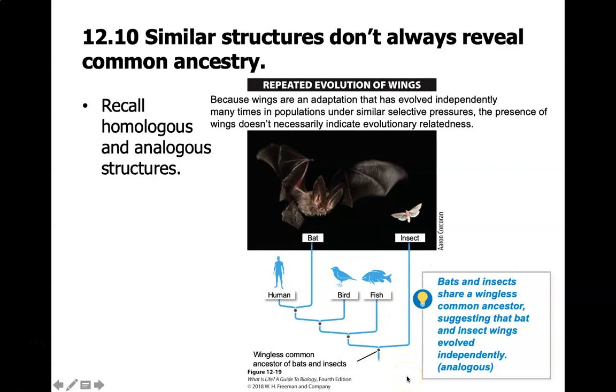They evolved because of specific environmental pressures and occurred way after the split from common ancestors. And you can see that the bat had a split much, much later. Homologous structures are what we're going to use in general to construct phylogenetic trees, but analogous structures can cause some problems.